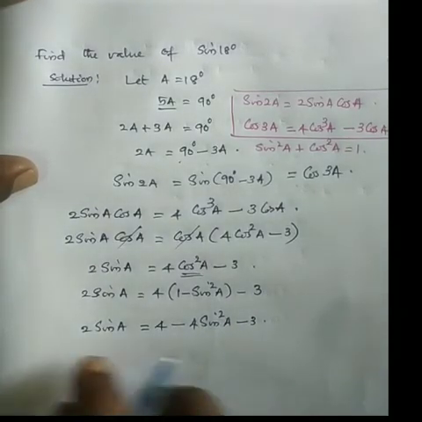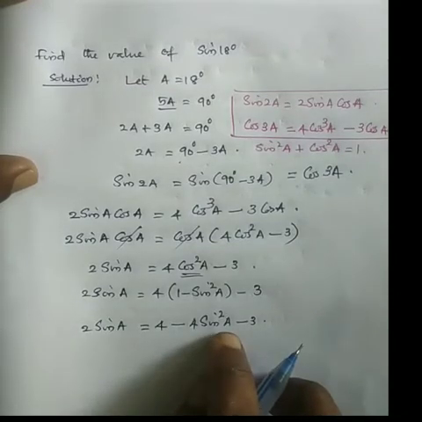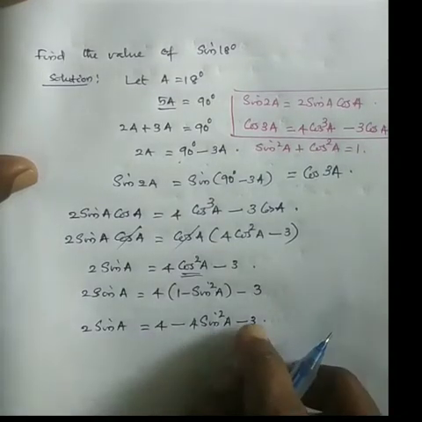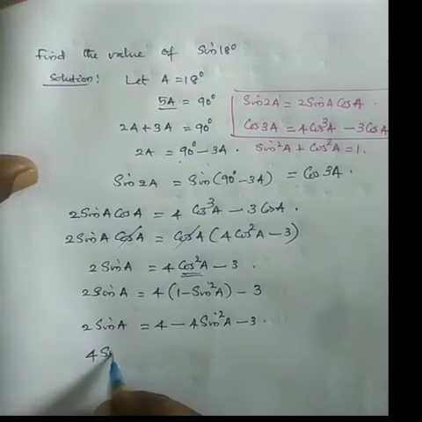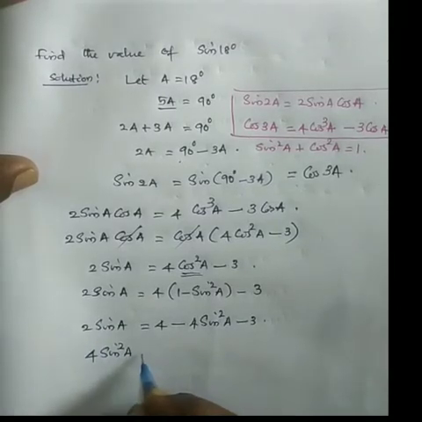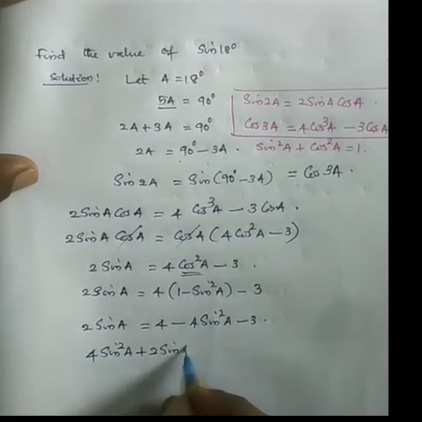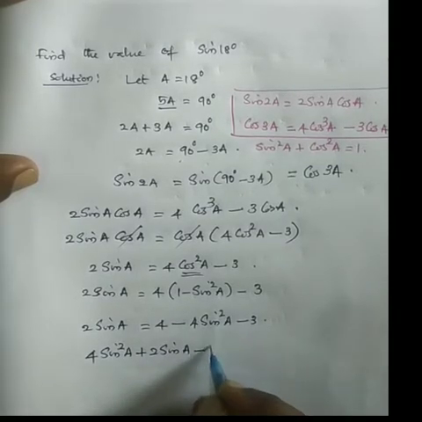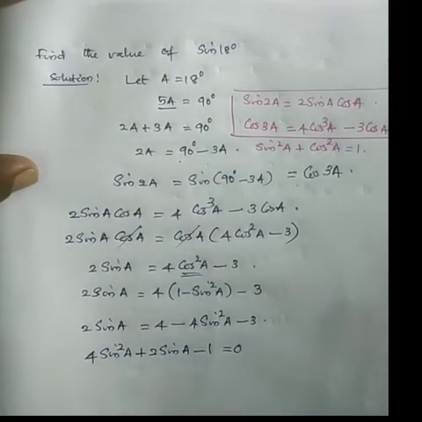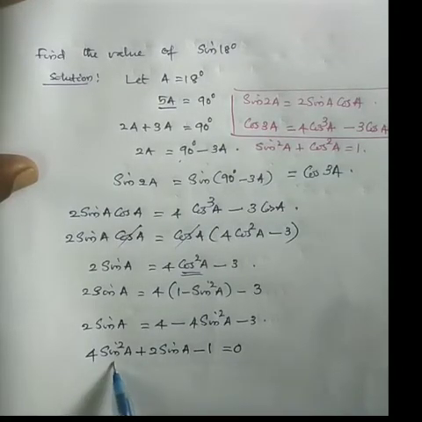By rearranging this equation in the quadratic form, we get 4 sin square a plus 2 sin a minus 1 equal to 0. So this is a quadratic in sin. Okay.